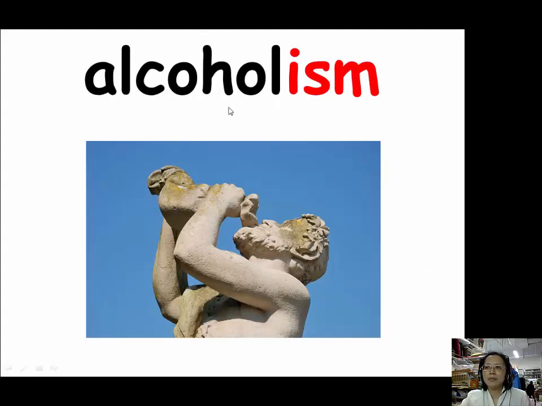And for ISM, our example is alcoholism. Alcoholism, also known as alcohol use disorder, AUD, is a broad term for any drinking of alcohol that results in problems. Previously, it was divided into two types. One is alcohol abuse. The other one is alcohol dependence.